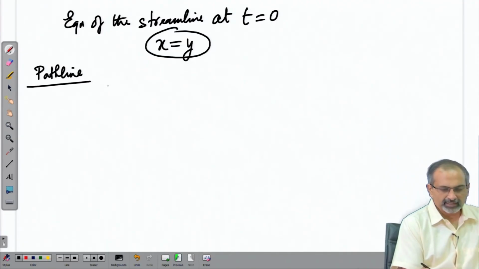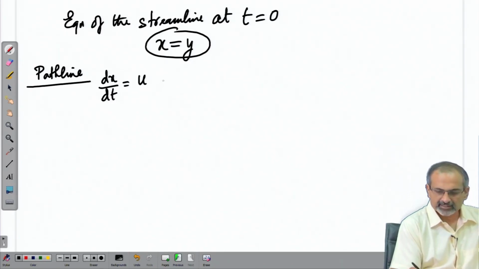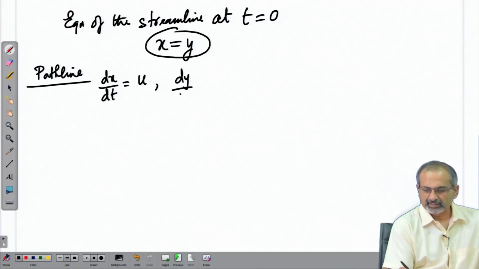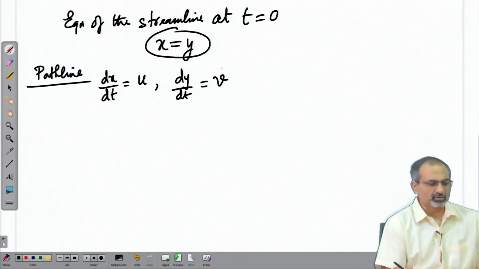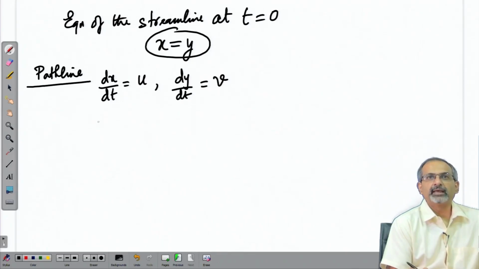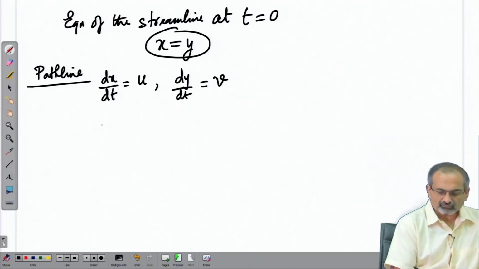We remember that the conditions are dx/dt is equal to u, dy/dt is equal to v, and for us dz/dt or w does not matter, because it is in the x-y plane only. So, how do we take it forward from this point?